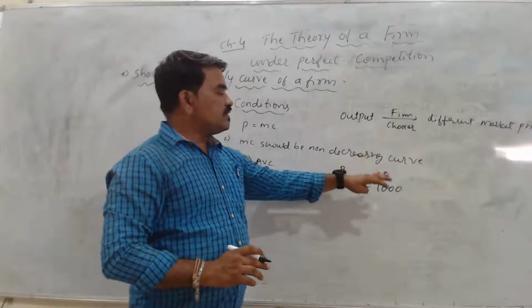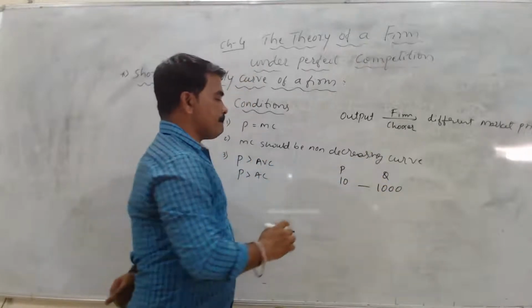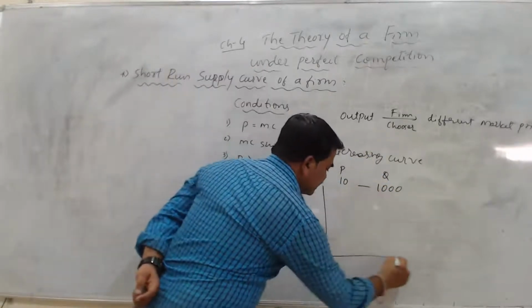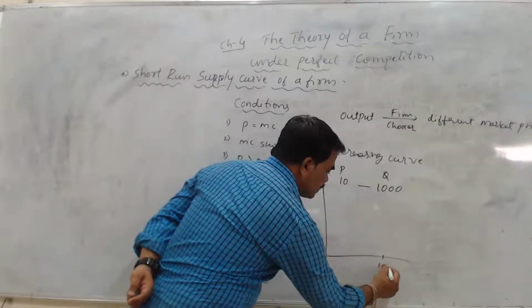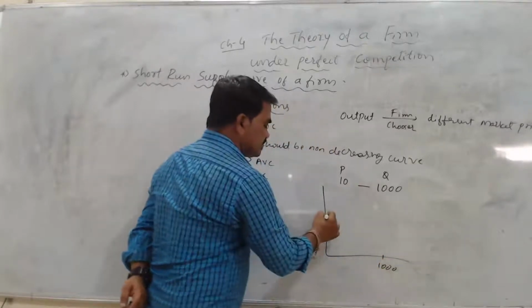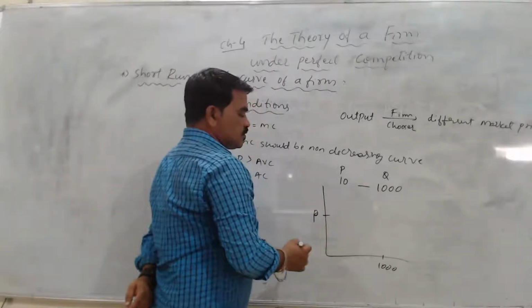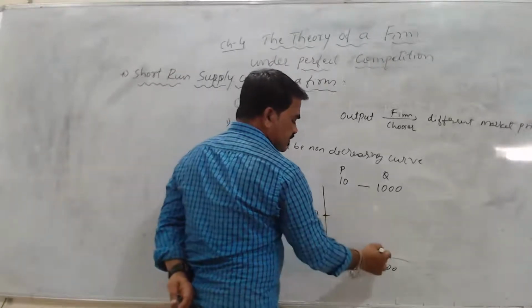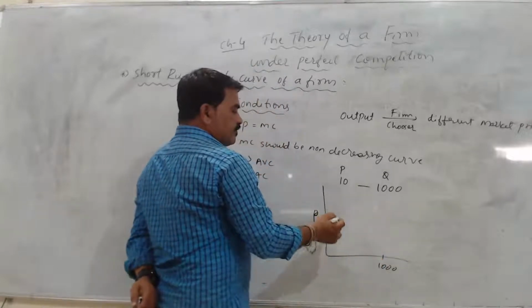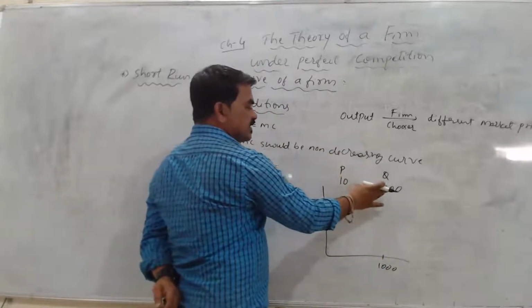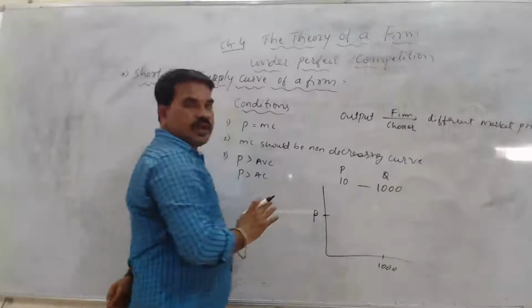So at this quantity, if we graphically represent that, this is 1000, and this is the price. At this price and this quantity, if the firm selected this, it means it is making the maximum profit.